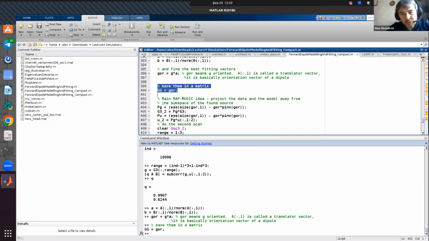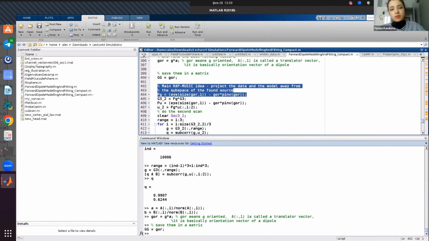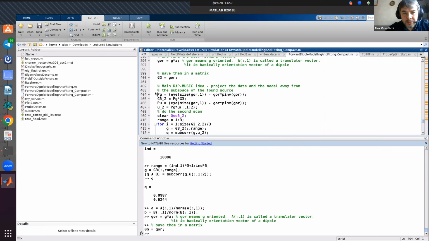Now we do projection away from the topography that we just found, away from this first source. Remember, the first scan had two clear maxima. Not very clear, but if you threshold, you see both of them very clearly. Now you project your data and your model away from the found dipole, from its topography.